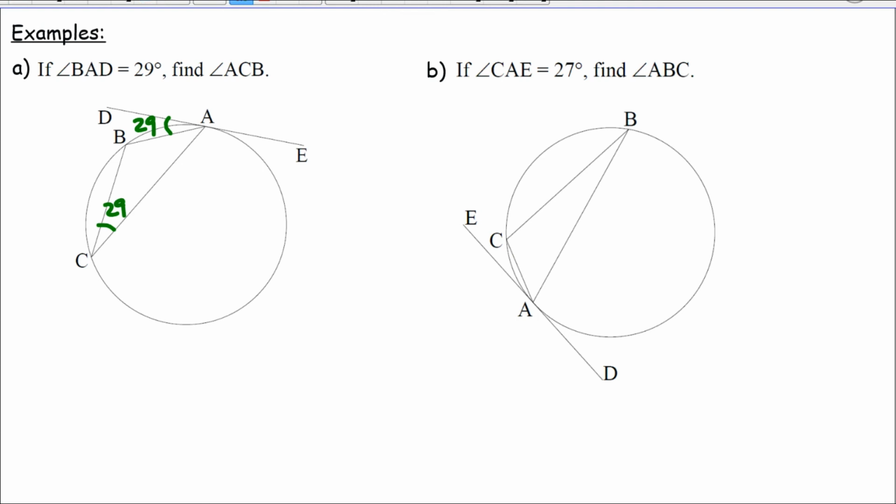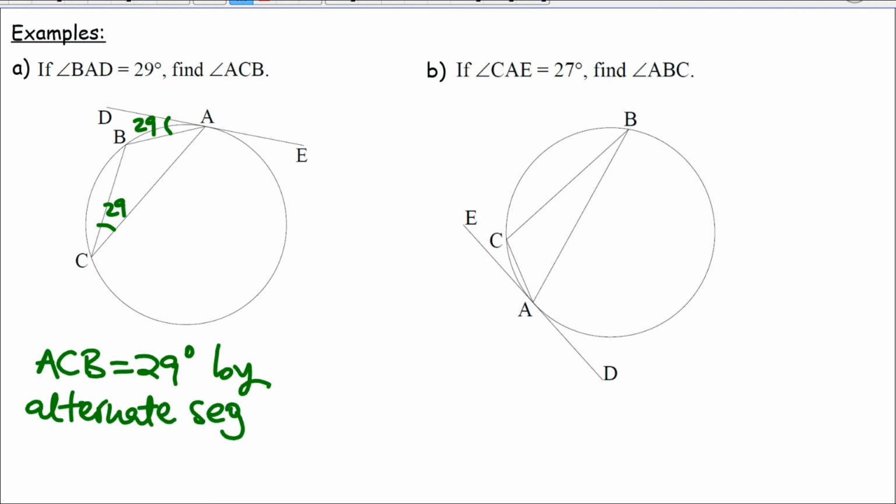So you can say ACB will be 29 degrees by the alternate segment theorem. Okay.